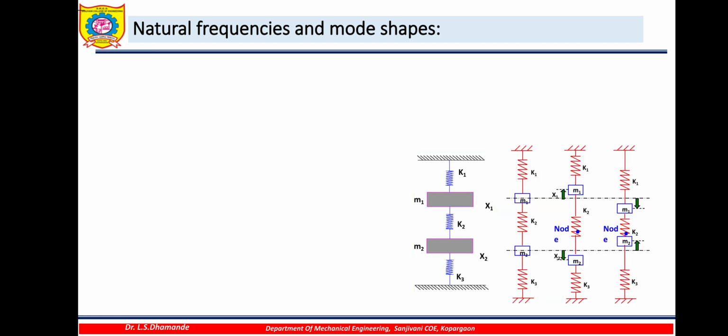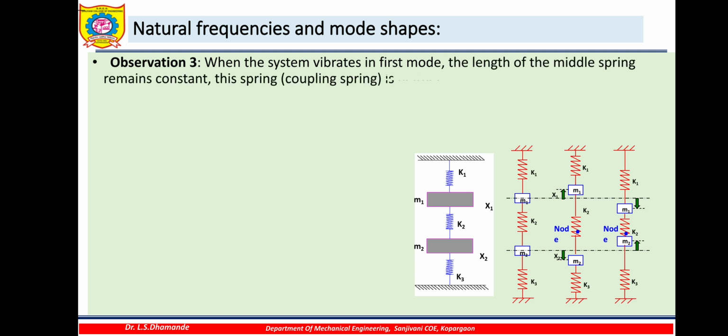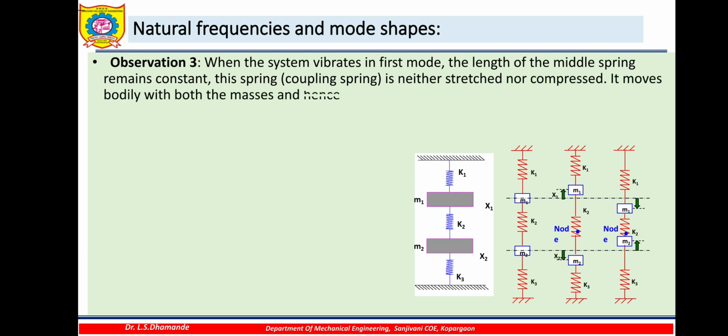Another observation of this system is that when the system vibrates in the first mode, the length of the middle spring remains constant. This spring is called the coupling spring. It is neither stretched nor compressed, so it moves bodily with both the masses and hence is totally ineffective, as shown in the figure.